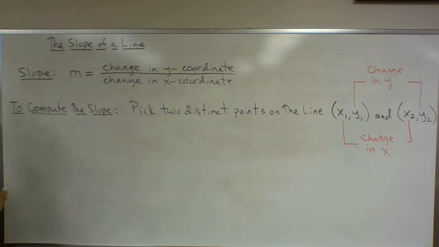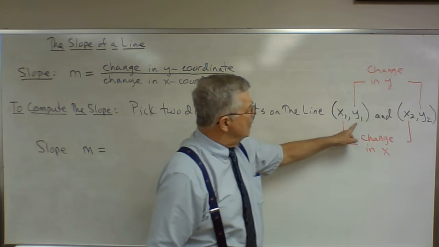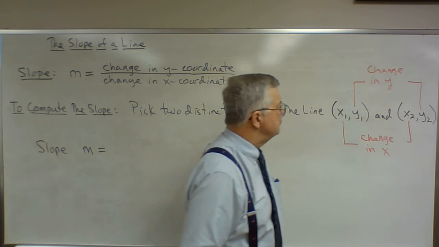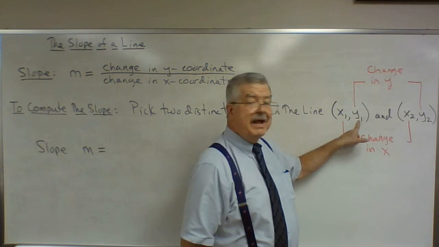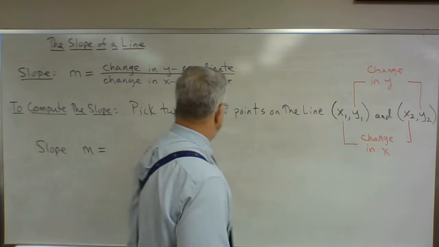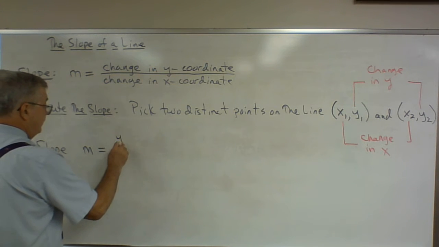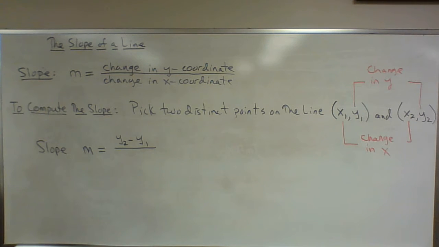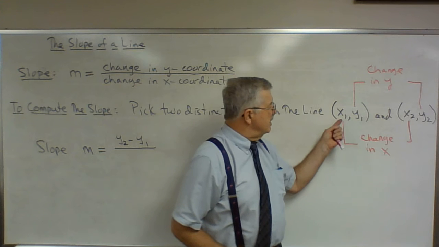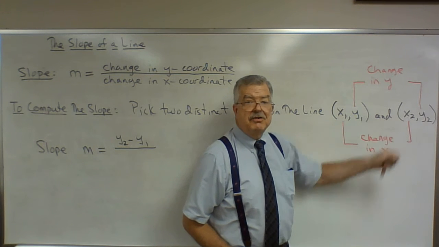And let's give the formula now. Slope, we denote that by m. The slope m equals the change in the y-coordinate. Well, we went from y1 to y2. So we take the place where we end up, y2, and subtract the place that we started from, y1. Change in y is y2 minus y1. And change in x, we started at x1, we ended up at x2.